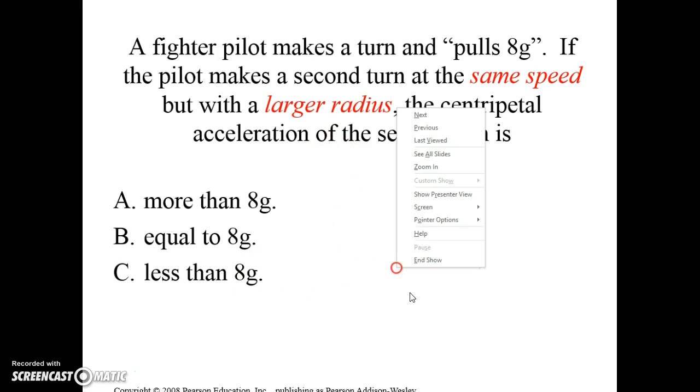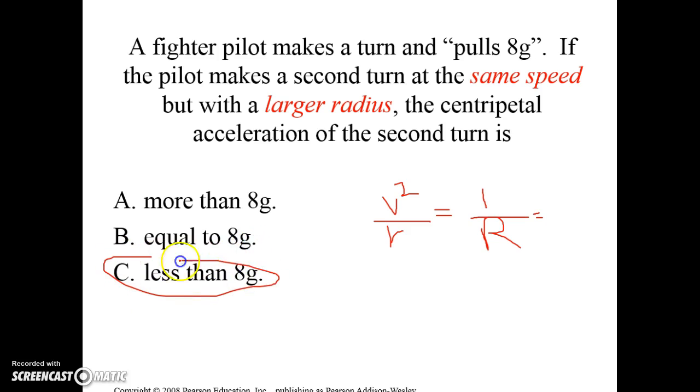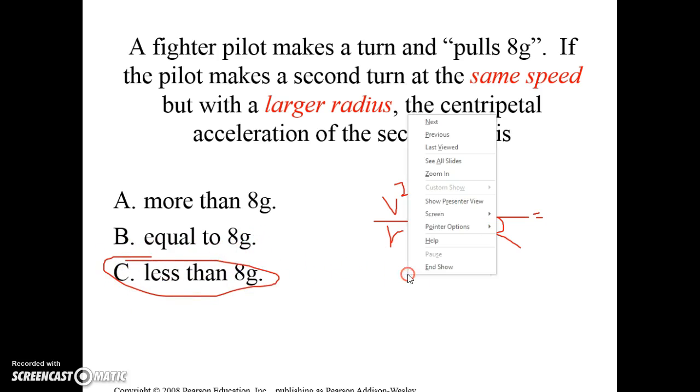If we think about v squared over r, we play the what-if game here. If we have the same speed, so we're not changing this, but we're making a bigger radius, then we're going to have a smaller acceleration because we've got a bigger number in the denominator. And so we'd have a_c less than 8g.